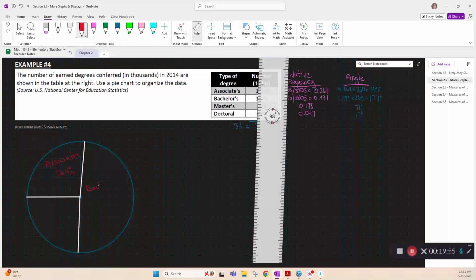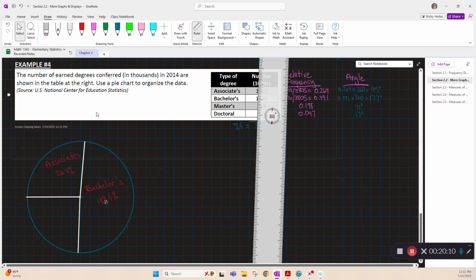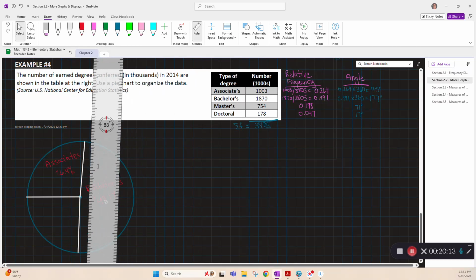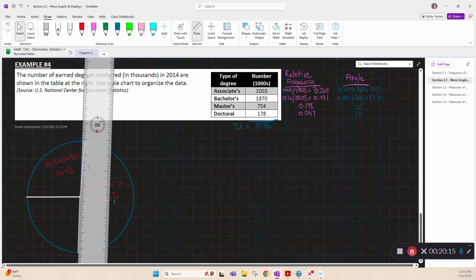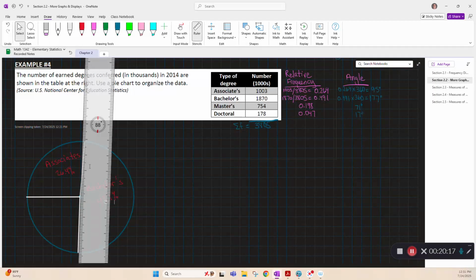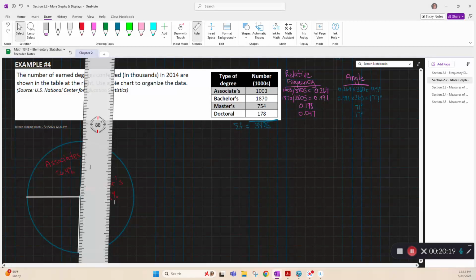Because a bachelor's degree is 49.1%. Now you're like, well, why did you line it up like that? Because once I draw a new line, that's my starting point. So if I put this ruler here, now that's my starting point. I need to rotate this ruler 71 degrees now.